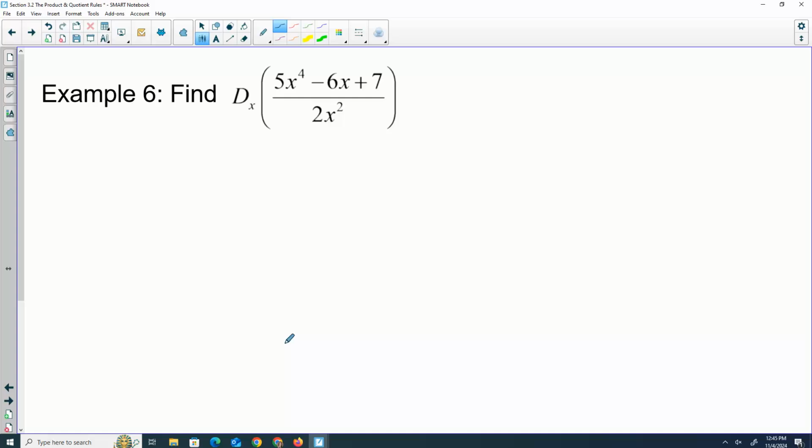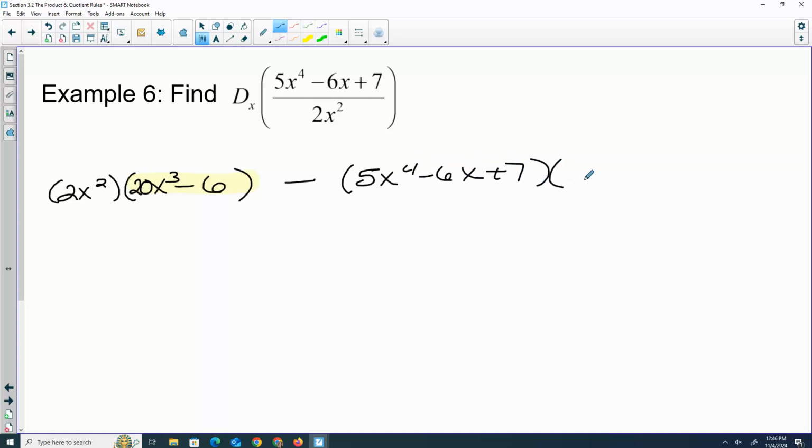If I ask you to do this derivative, yes, we could simplify it first, but I'm trying to teach the quotient rule, so I'm going to do it the quotient rule way. Our derivative is low, the bottom, which is 2x squared, times derivative of the top, 20x minus 6, minus high, the top, d low.